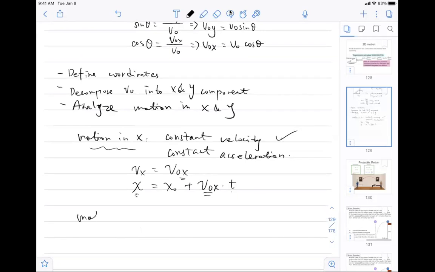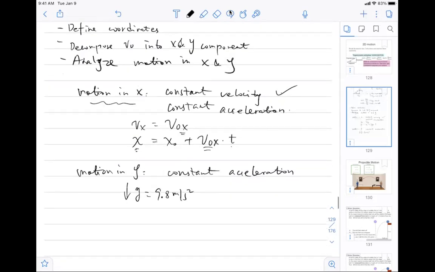Now if you analyze the motion in y, it would obviously be constant acceleration because you have the 9.8 meters per second squared, the little g, pointing down at all times. And then you will use the two equations for constant acceleration, which are: v in the y direction at any given moment is your initial velocity in the y direction plus your acceleration times time.